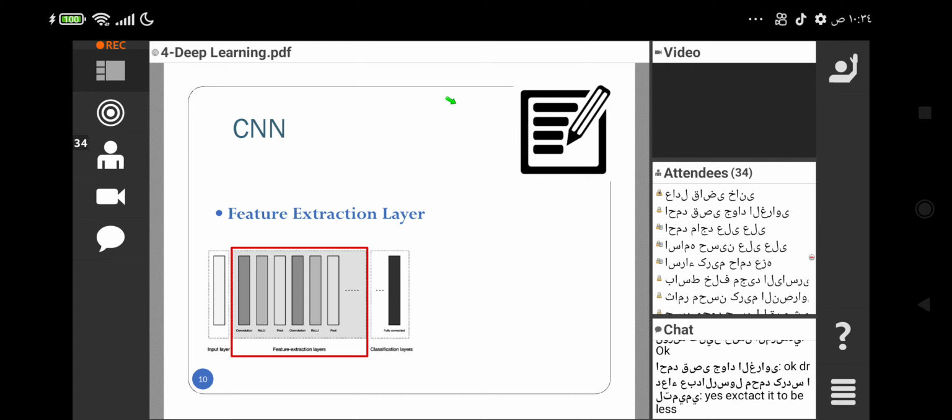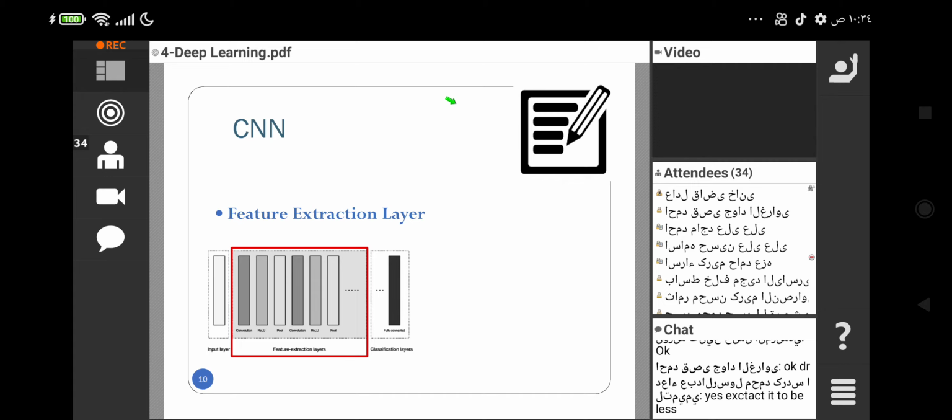We didn't have this part in the normal neural network that we talked about in the previous slides. The normal neural network only had hidden layers and an output layer. It was only doing learning.